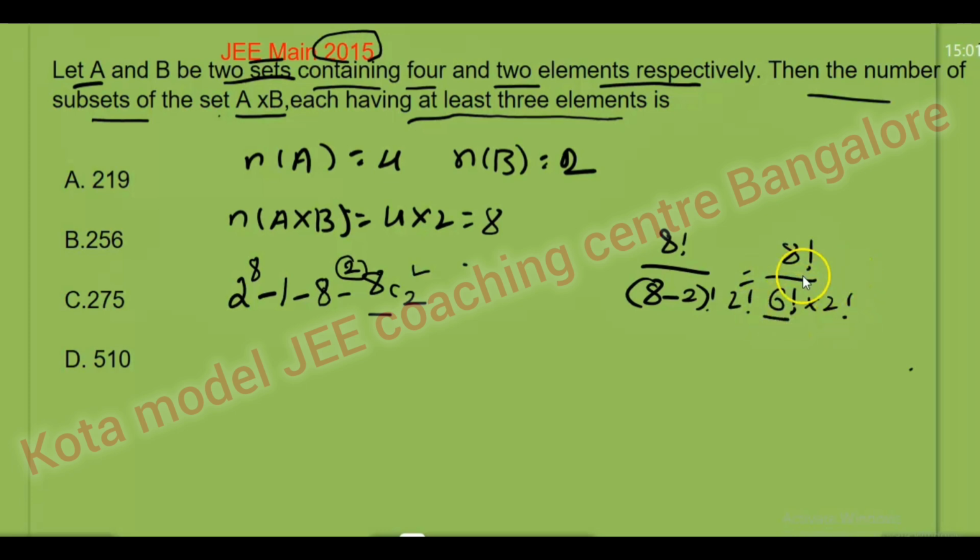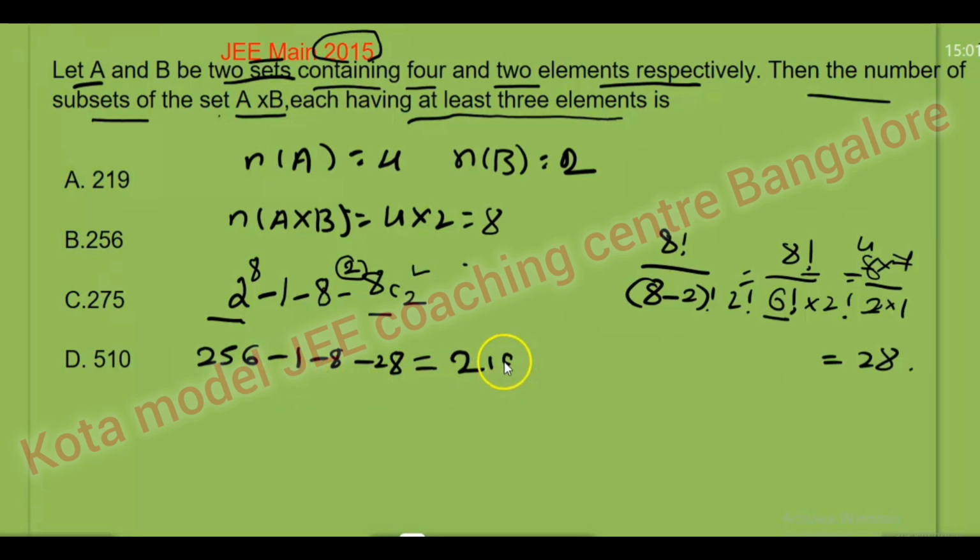The 6 factorial cancels out, leaving 8 into 7 divided by 2 into 1, which gives 28. So 2 to the power 8, which is 256, minus 1 minus 8 minus 28, gives 219. Option A is the right answer for this question.